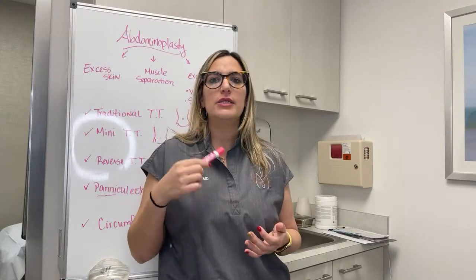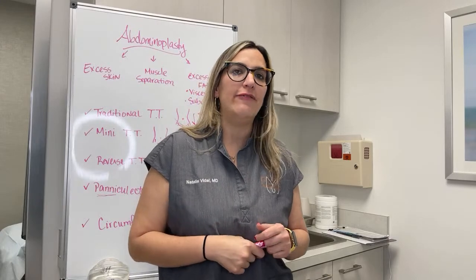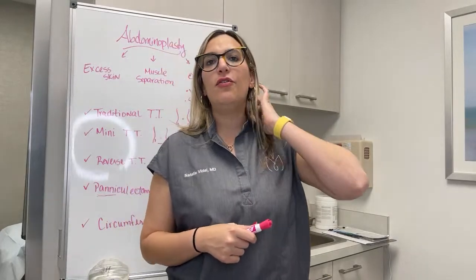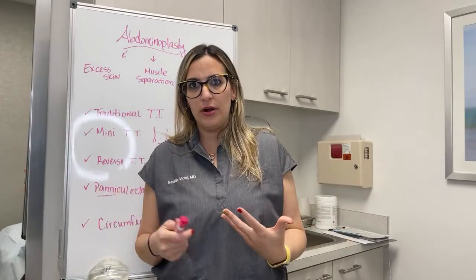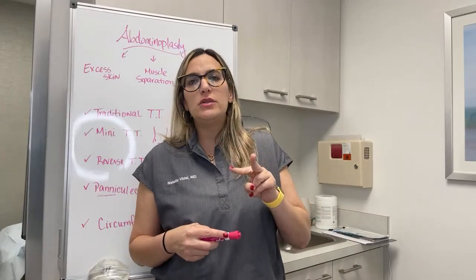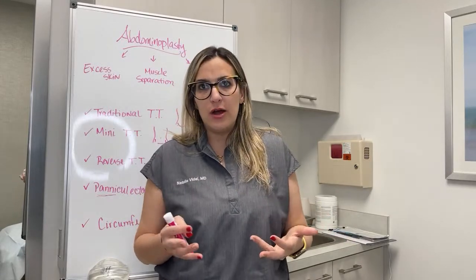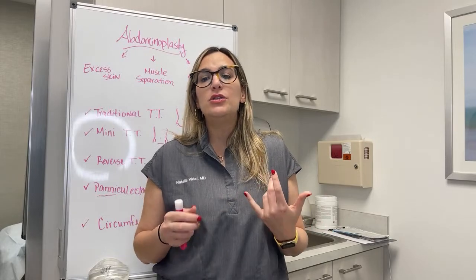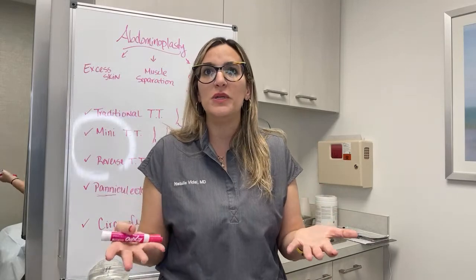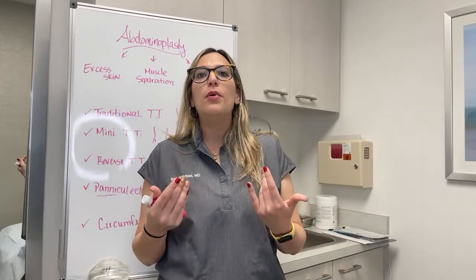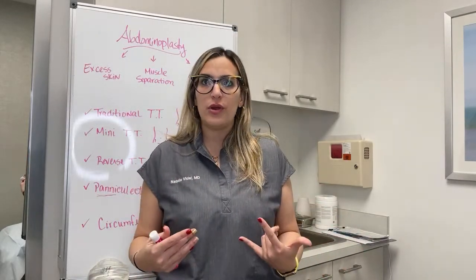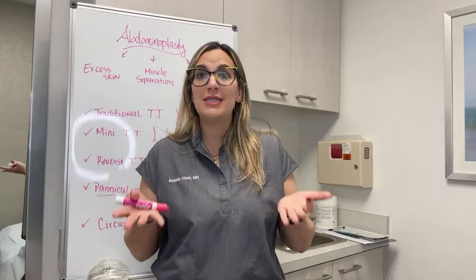Yes, dog ears are a possibility after a tummy tuck, and the reason for that is excess skin. There are 2 main reasons why you may end up with dog ears. 1 is because you have excess skin extending past where the bed allows me to operate, okay? So remember, you're going to be lying on your back for the surgery, and to keep the area sterile, I can't go near where the bed is.